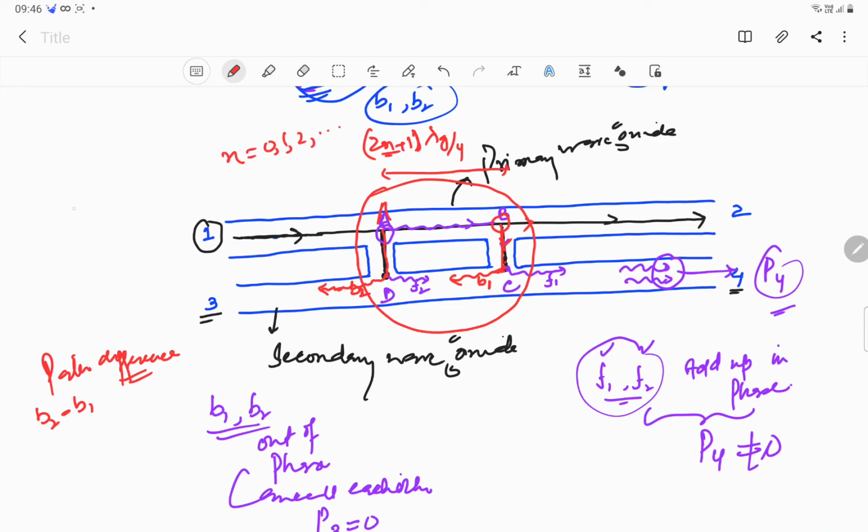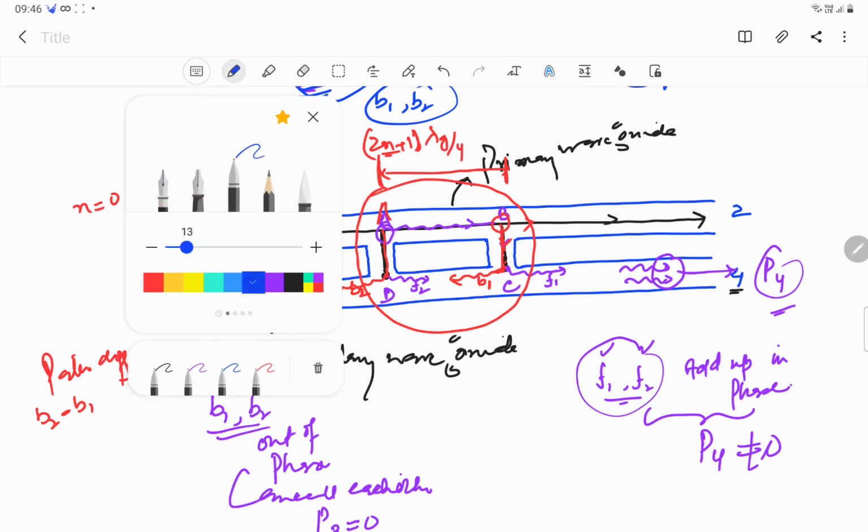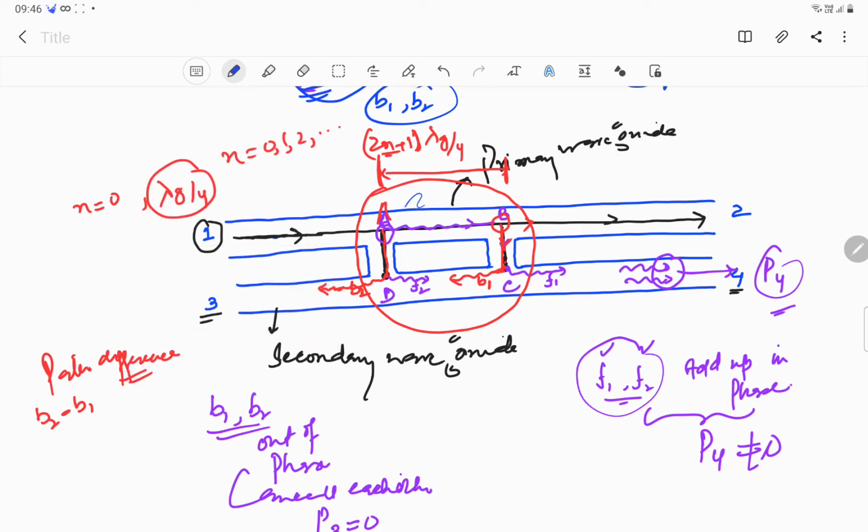For simplicity, let's assume n is 0. So n is 0 would mean the distance between these two holes is lambda g upon 4.